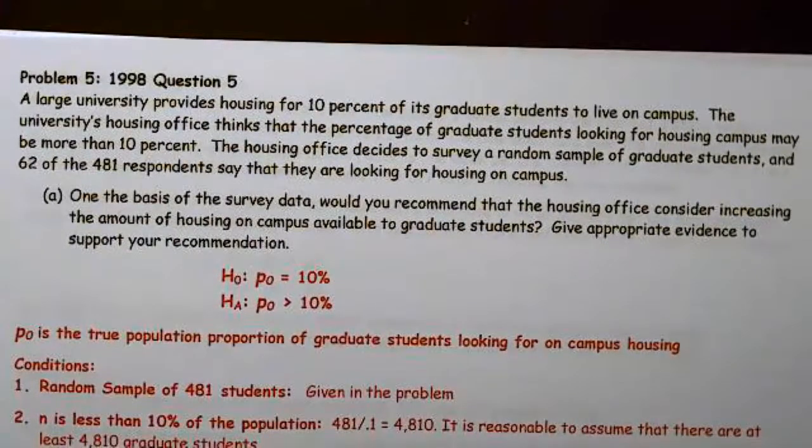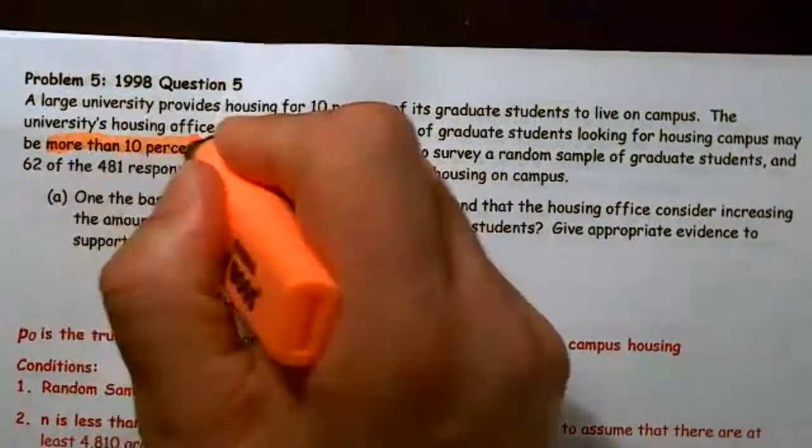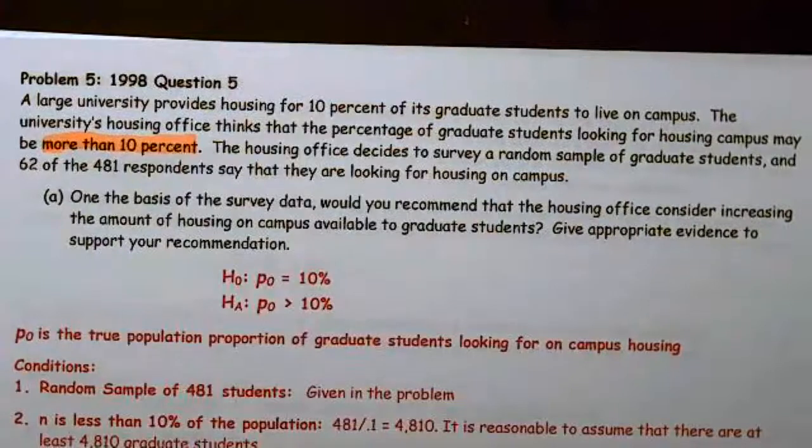So a large university provides housing for 10% of its graduate students to live on campus. The university's office thinks that the percentage of graduate students looking for campus housing may be more than 10%. So it's more than 10%, or we think it might be.